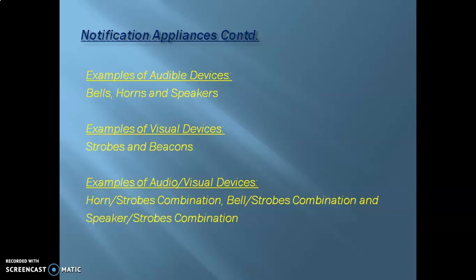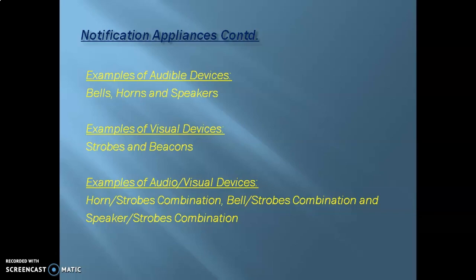The examples of visual devices will be your strobes and beacons. Now, these provide visual aids or lights, rotating beacons or lights, red colored or amber colored lights, in order to provide notification to the occupants about the existence of a fire alarm condition. Now, examples of audio-visual devices will be horn strobes combination, bell strobes combination, and speaker strobe combination.